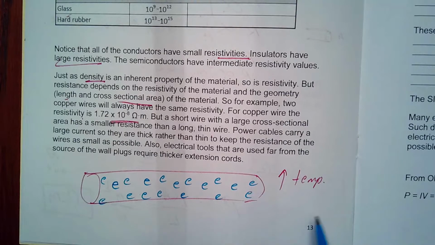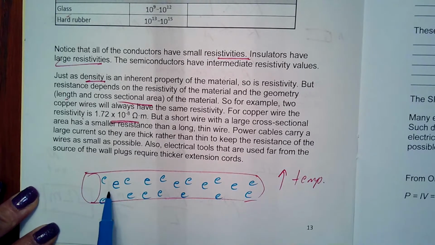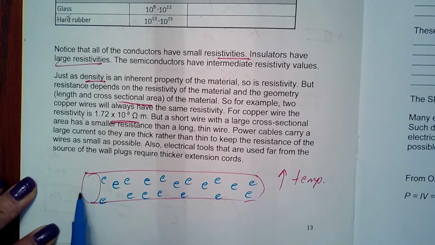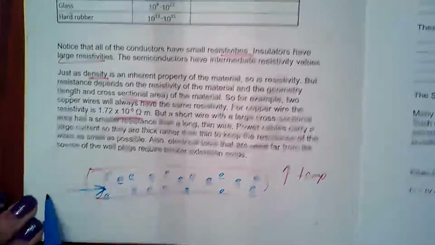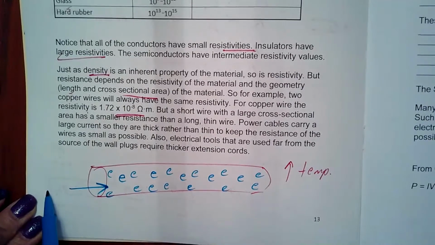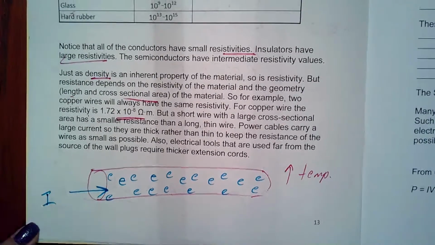When you increase the temperature, these electrons are going to collide with the electrons of the material itself, and now you're trying to get electrons to flow through it, which is the flow of current.